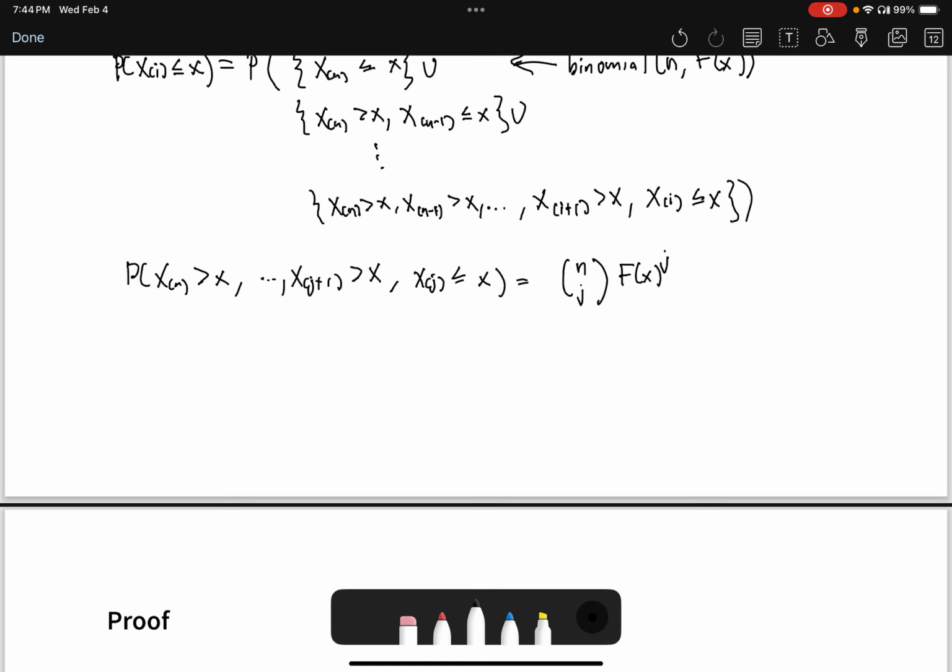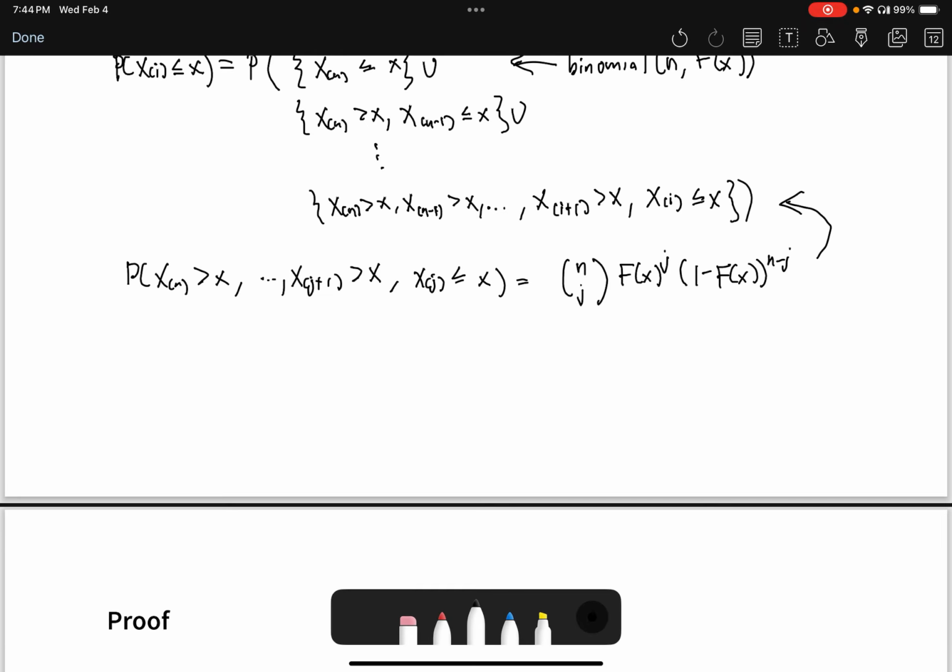We have j of those random variables being less than or equal to x, and the probability that the remaining n minus j random variables are greater than x is 1 minus F of x. So we have this binomial form for each one of these events up here.